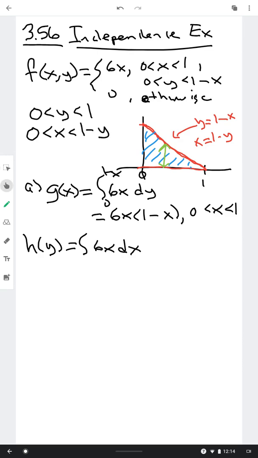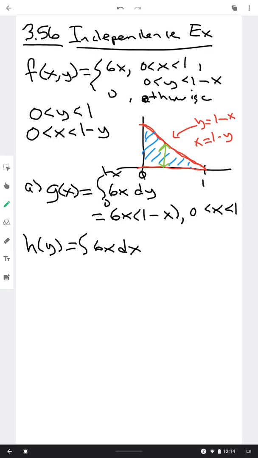And that's indeed true: y does go from 0 to 1, and x does go from 0 to this line, x equals 1 minus y.